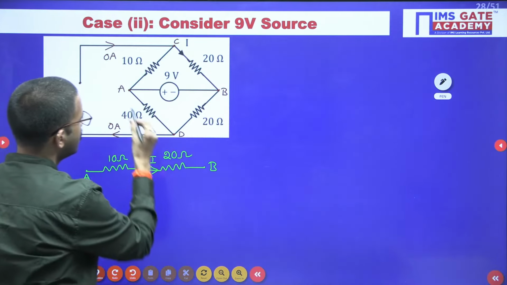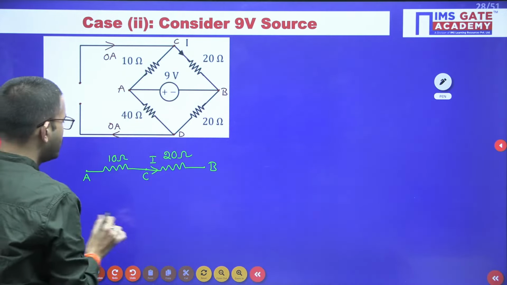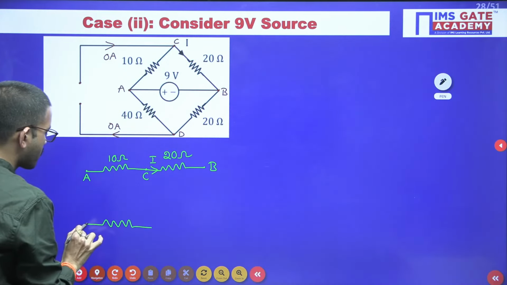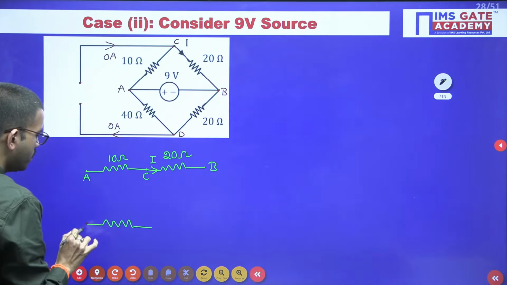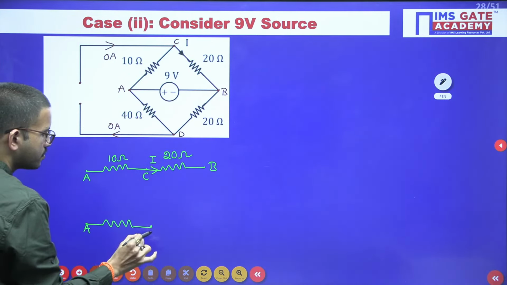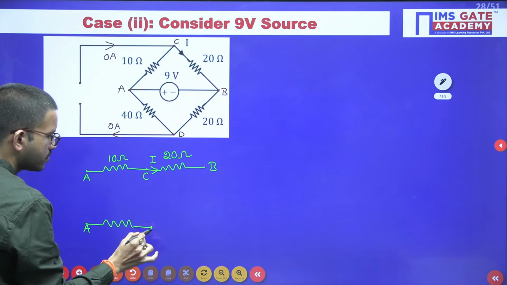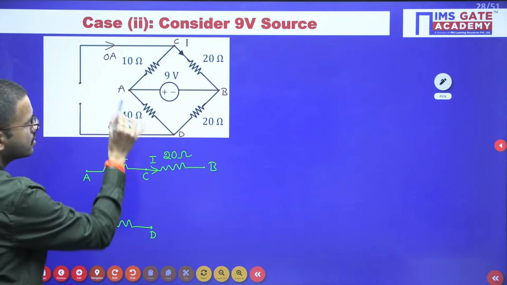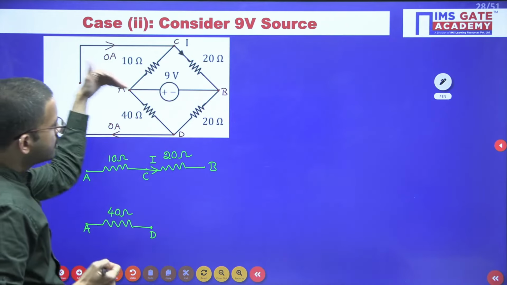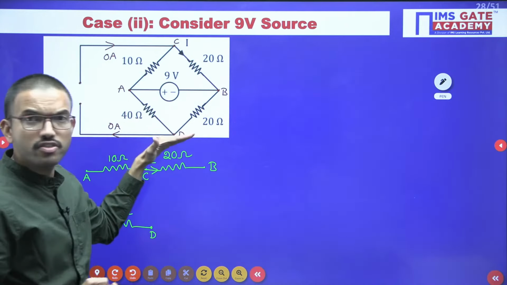Now between A and D we have a 40 ohm resistor, and between D and B a 20 ohm resistor.